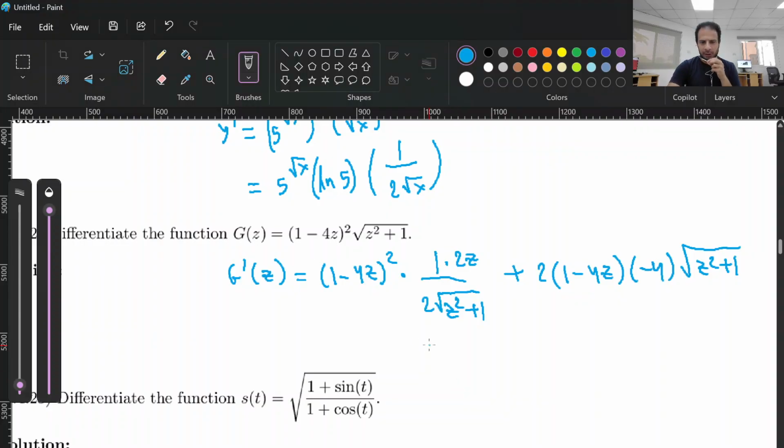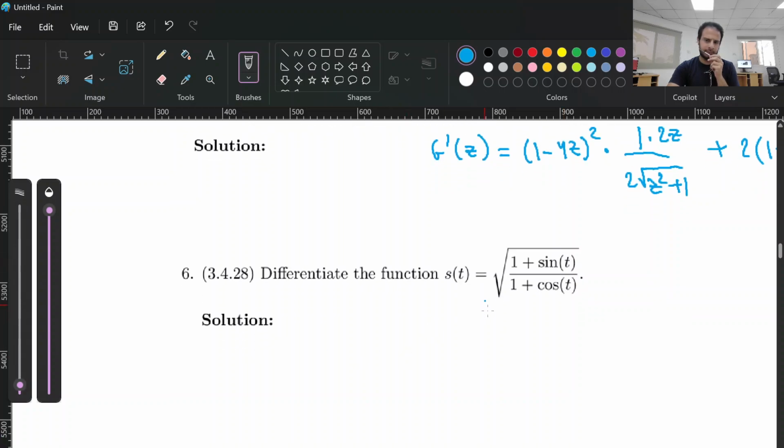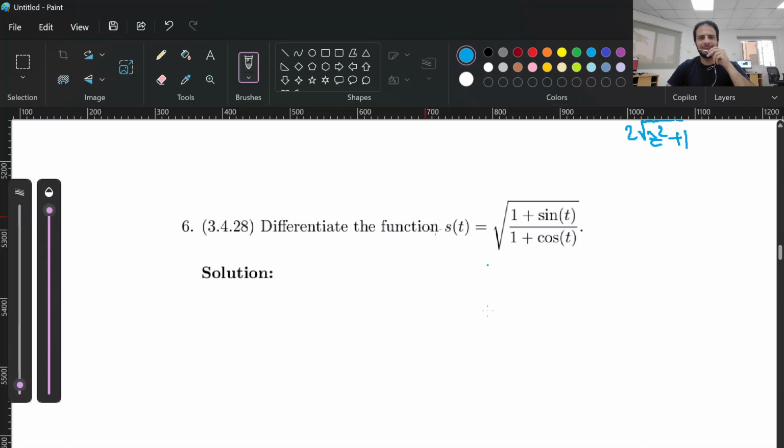Now, I need your help with this problem. Okay, so we have a quotient rule and chain rule. We can start by doing the derivative of the outside, which is 1 over 2 square root, and then the inside.